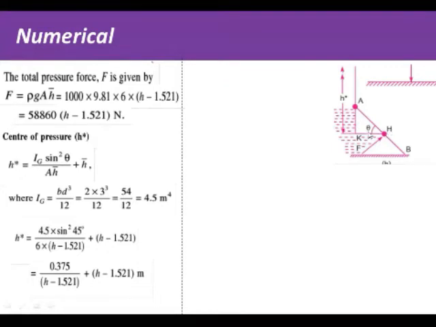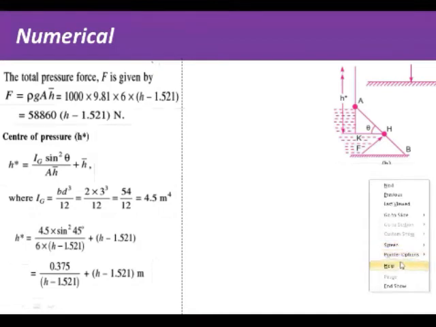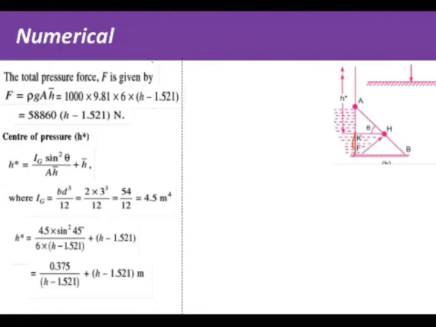Now we will draw one horizontal from here, so it will intersect this vertical line AD at point K. The vertical line we drew from here intersected the ground at D. This point is nothing but the location of total pressure F, and from there we drew the horizontal line, which intersects the line AD at point K.